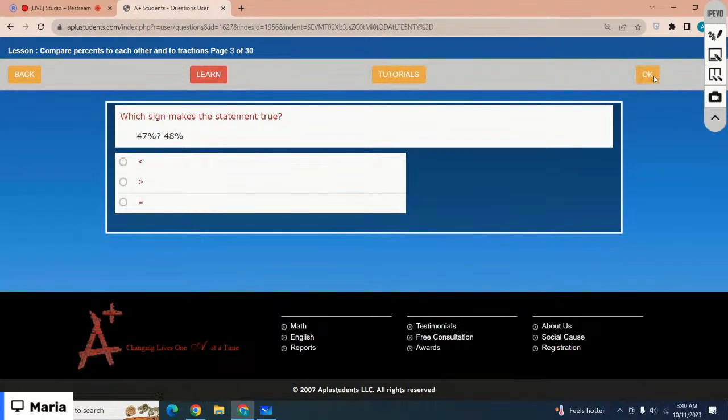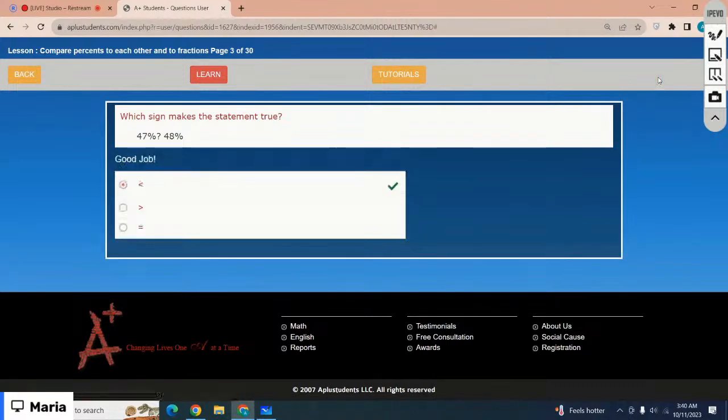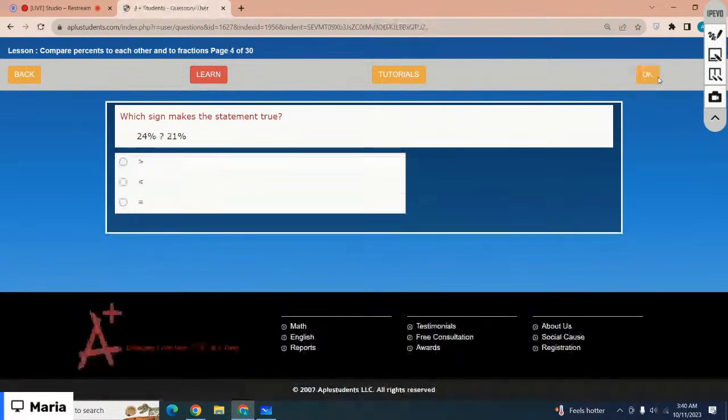Which is the correct option? 47 is less than 48, right? 24% and 21%. Which is the correct option? 24 is greater than 21, right? So the correct option is greater. 24% is greater than 21%.